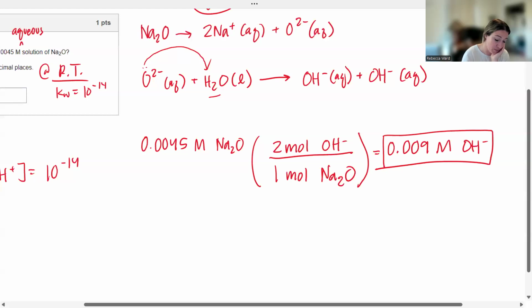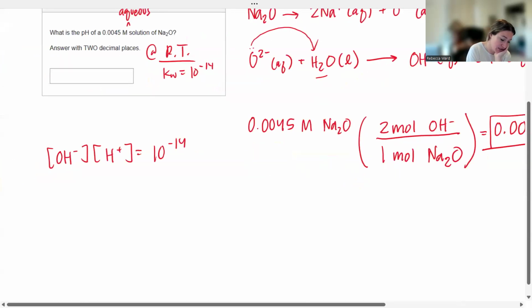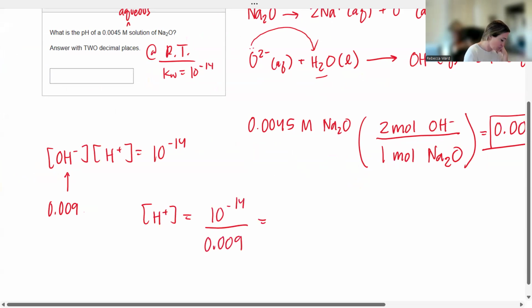Now I know that my OH minus concentration is 0.009 molar. And again, this is activities because this is an equilibrium expression. So I can solve for H plus, because I need H plus to calculate the pH. That's 1.11 times 10 to the negative 12th.